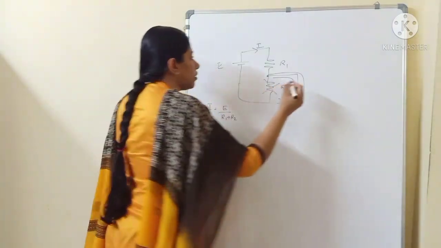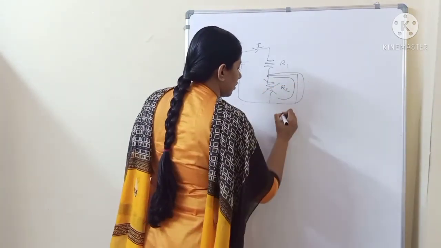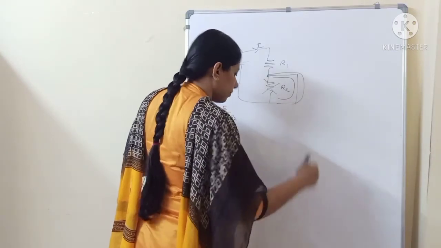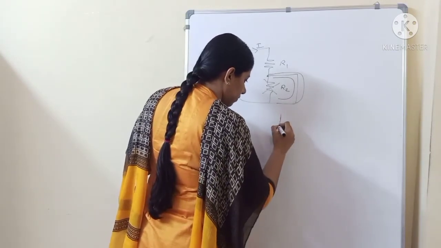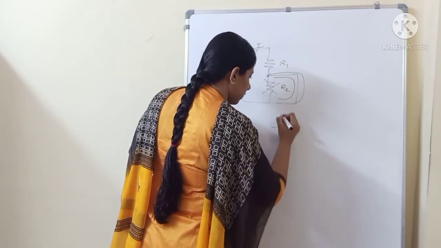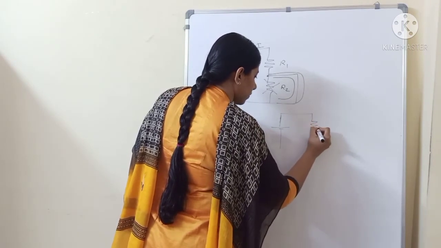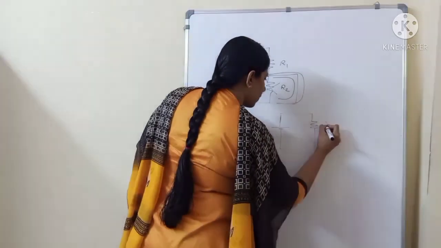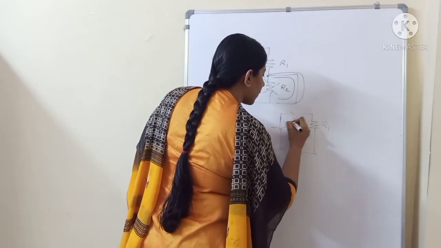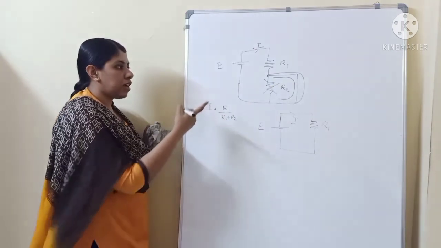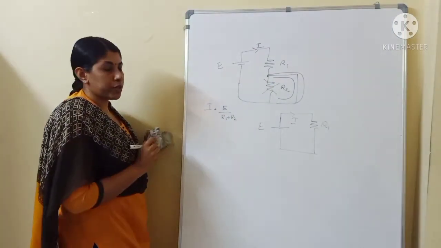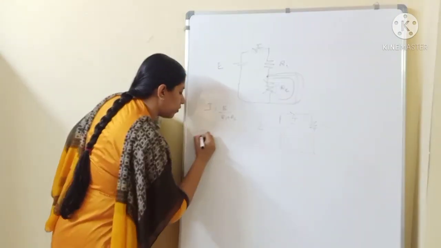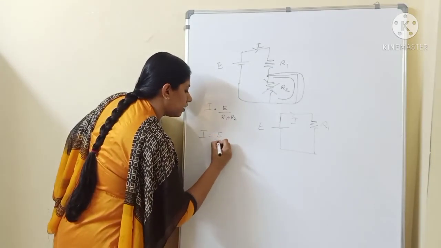So this can be redrawn like this, as there is no effect for the resistance R2 in this circuit when a short circuit is applied. So the current equation will be E by R1.